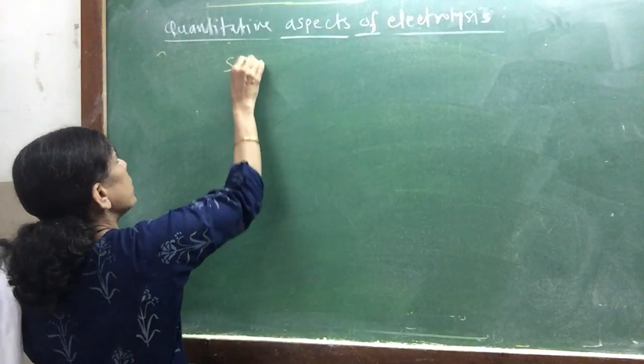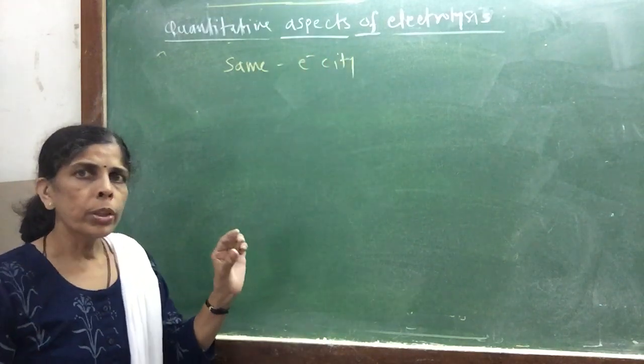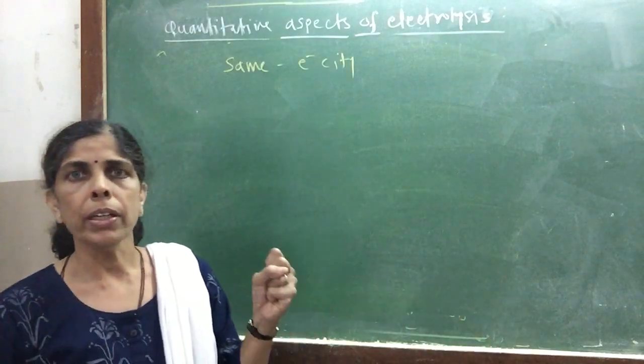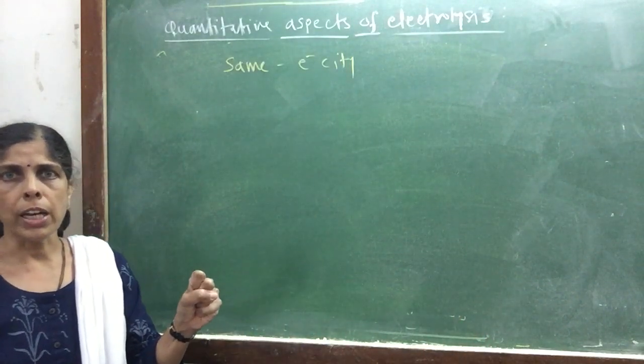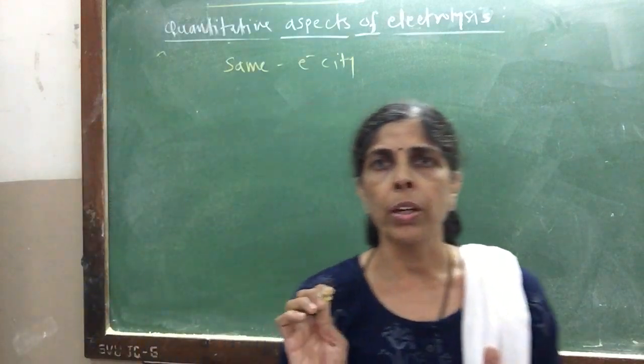The same quantity of electricity we are passing through different cells which are arranged in series. Then what will be the quantity of the substance that will be deposited at the respective electrodes in the different cells? That we will find out now.